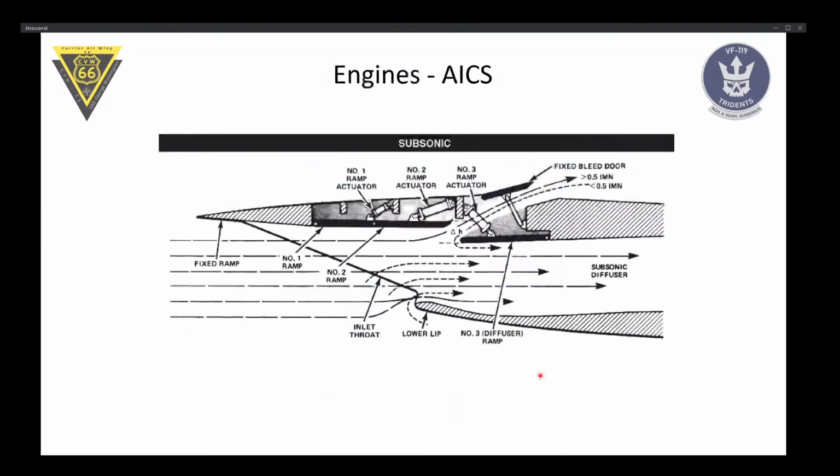Let's take a look at the AICS. We need that because remember when I talked about wave drag and how it negatively affects the airfoil? Well, it does the same to the engine, which also has these little airfoils, as you've seen there. So you want to prevent supersonic flow in your engine at any cost.